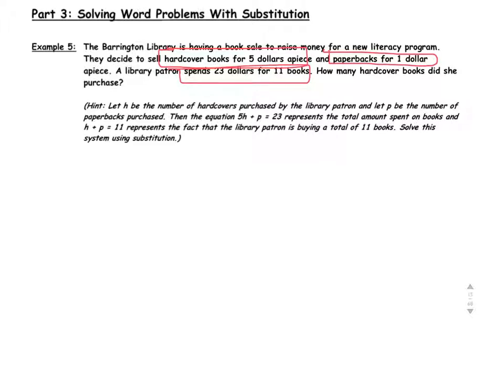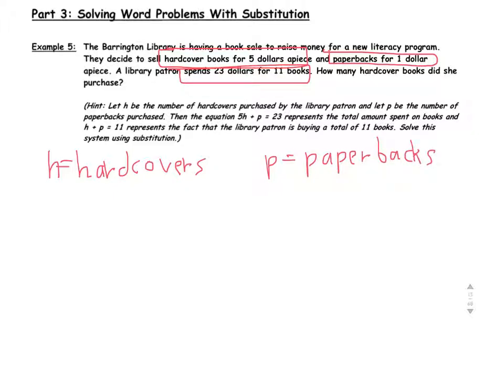Let's try to come up with two equations that represent that. Let's call H the number of hardcover books bought, and let's call P the number of paperbacks bought. For the first equation, we can talk about the amount of money spent, $23 total.